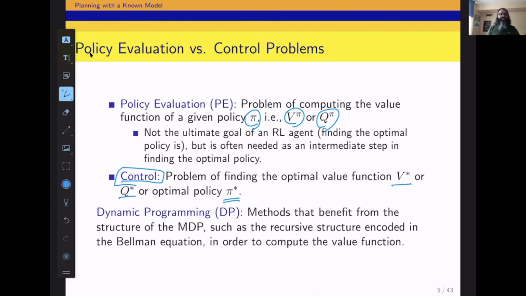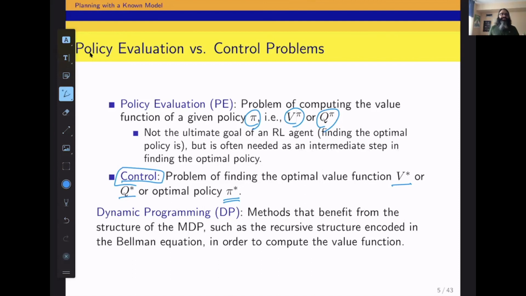But in RL it is common to say that now we want to solve the problem of control, which means we want to find the optimal value function or optimal policy. You may ask why the policy evaluation problem is important.